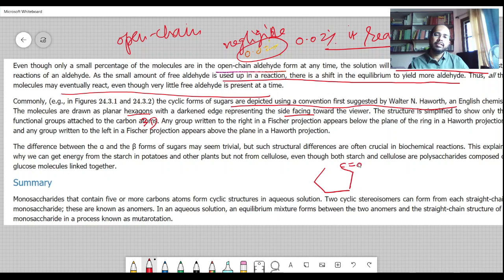There is an aldehyde group here, because we have the alpha carbon atom. There are so many OH groups here, like this, like this, and like this, and here you will have CH2OH.